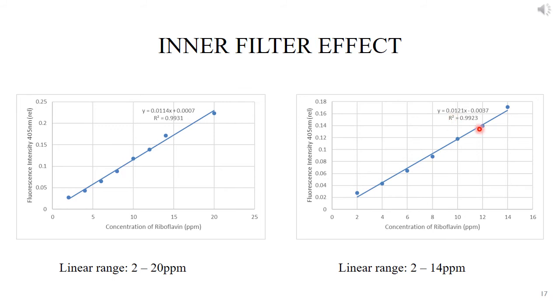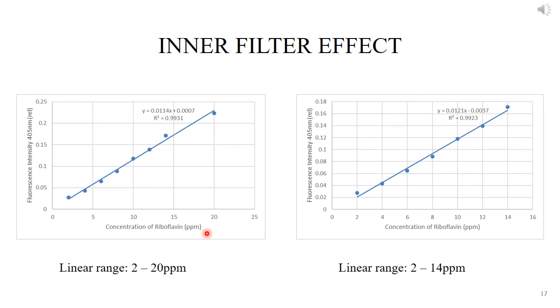This new R-squared value is compared to the previous R-squared value. The closer the R-squared value is to 1, the straighter the curve. So if the new R-squared value is closer to 1 than the previous one, then the 20 parts per million solution is likely out of the dynamic linear range.